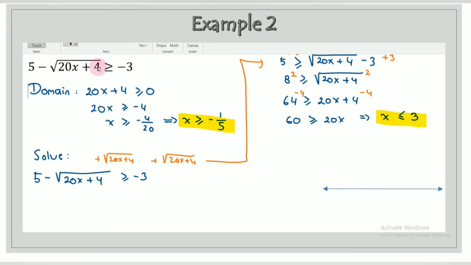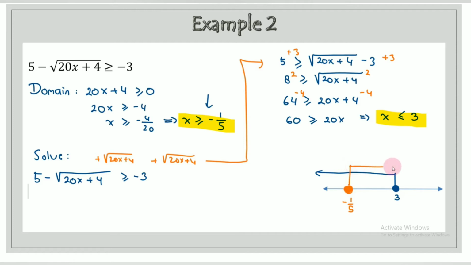But the domain specified that x must be greater than or equal to negative 1/5. So let me first put the solution on the number line. The solution will be all values of x that are, oops, sorry about the line here. I was supposed to use the ruler. So yeah, these are all the solutions. But of course, we only accept values of x greater than or equal to negative 1/5 because they give you real numbers.